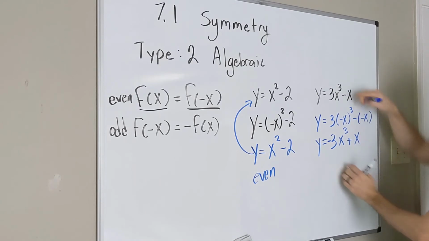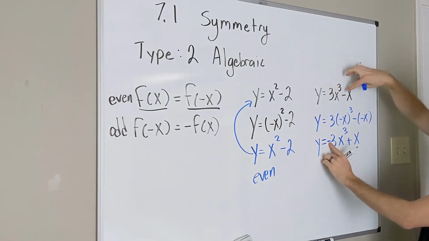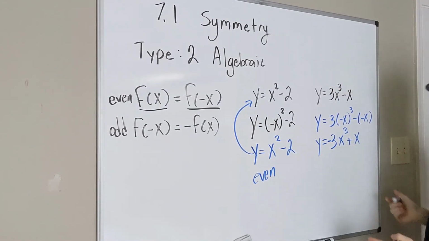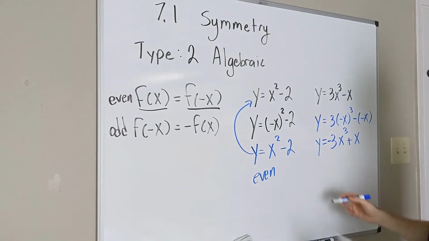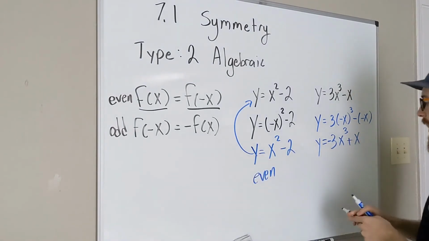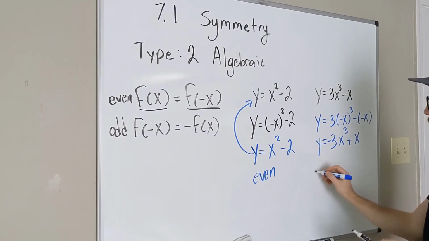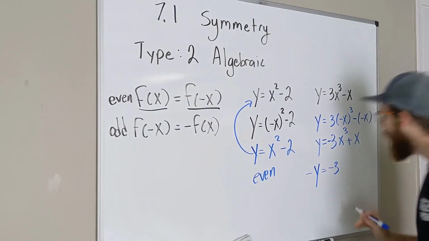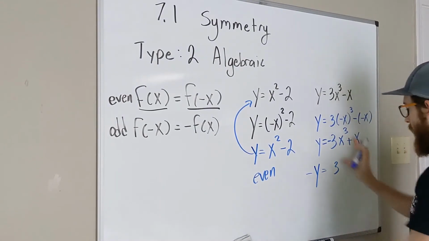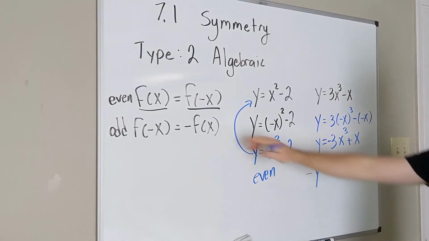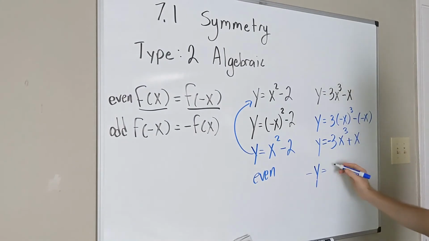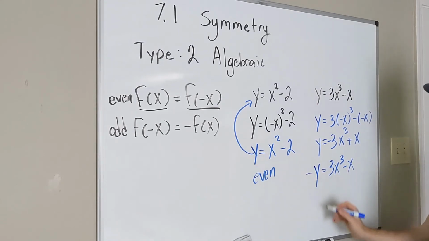So in this case, my f of negative x did not match. There's a positive here, negative here, positive here. They're not the same. So I need to check this piece. What if I make the whole function negative? So I'm saying negative y equals the original 3x cubed minus x. I have to move the negative to the other side.